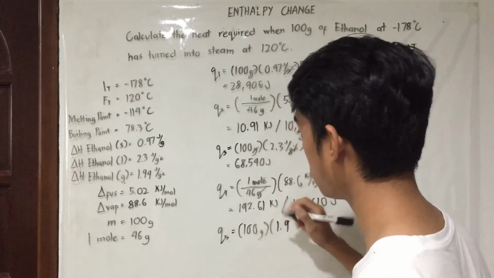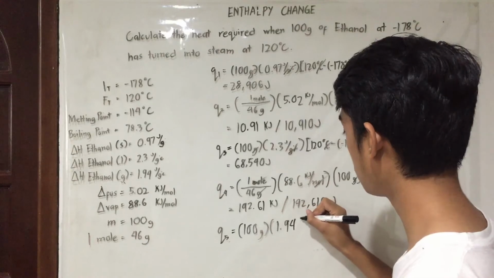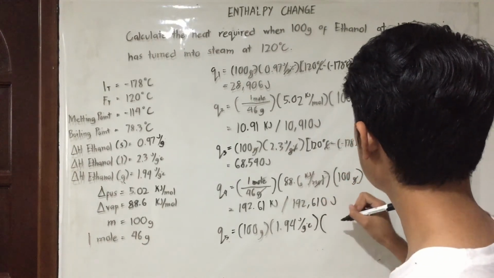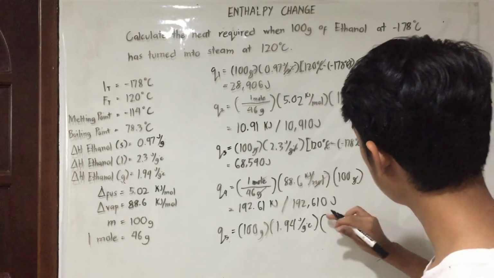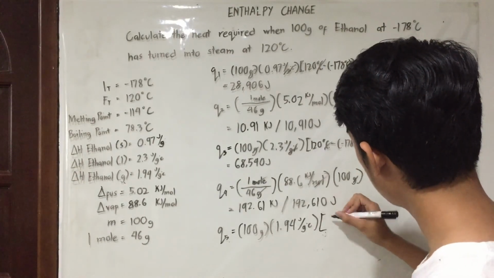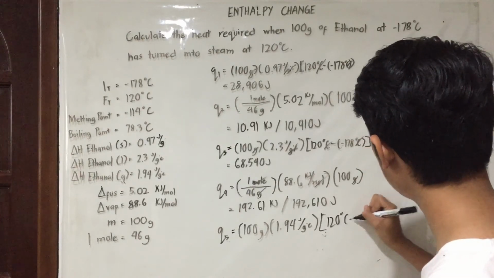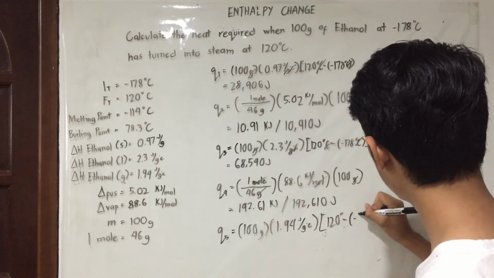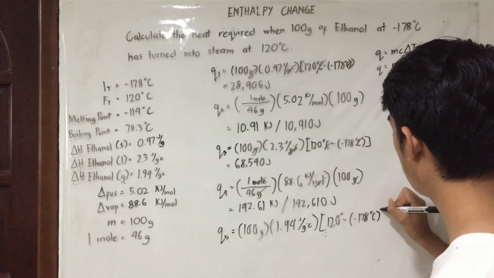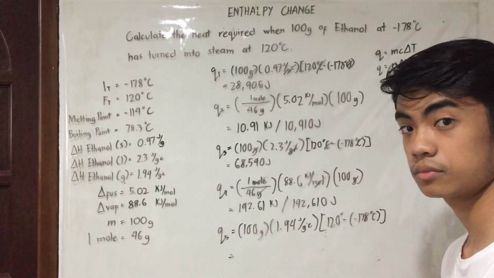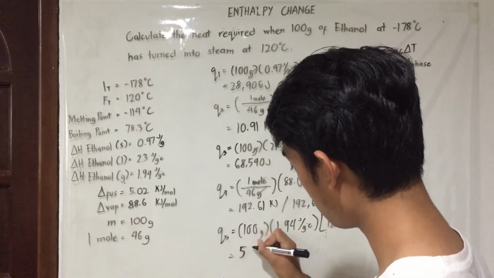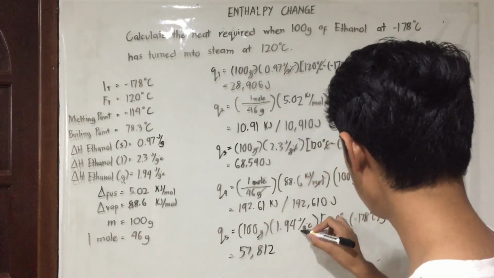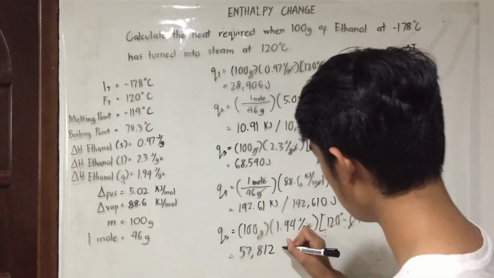So 1.94 joules per gram degrees Celsius times 120 degrees Celsius minus negative 178 degrees Celsius. Okay, 57,812 joules. Cancel all these joules.